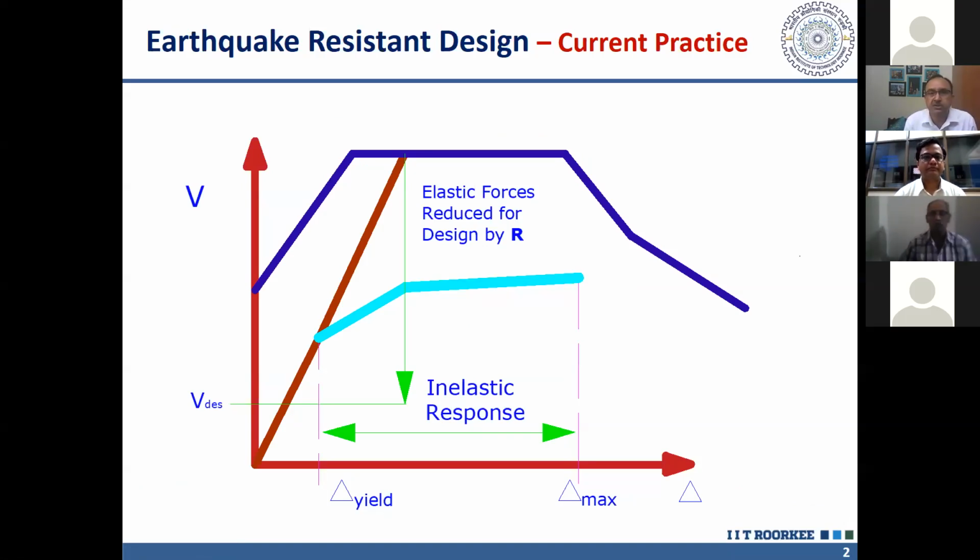So that shows that it is a rare phenomenon. So we consider much less probability of occurrence as compared to other actions for which we are designing our structures. But at the same time, the consequences of earthquake are much more far-reaching. So we can have a devastating effect.